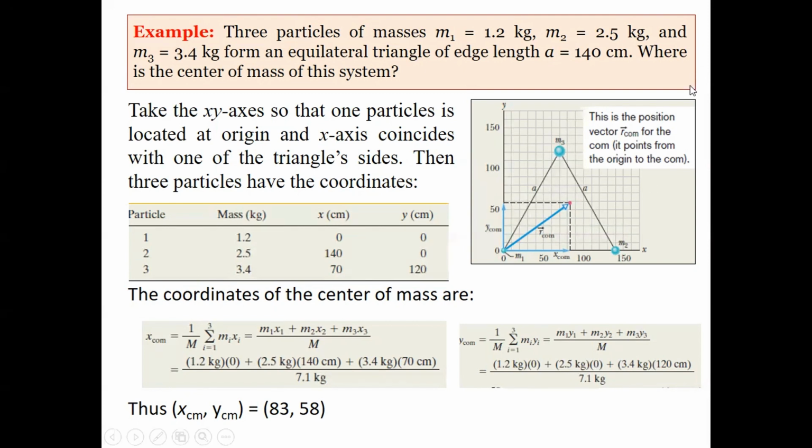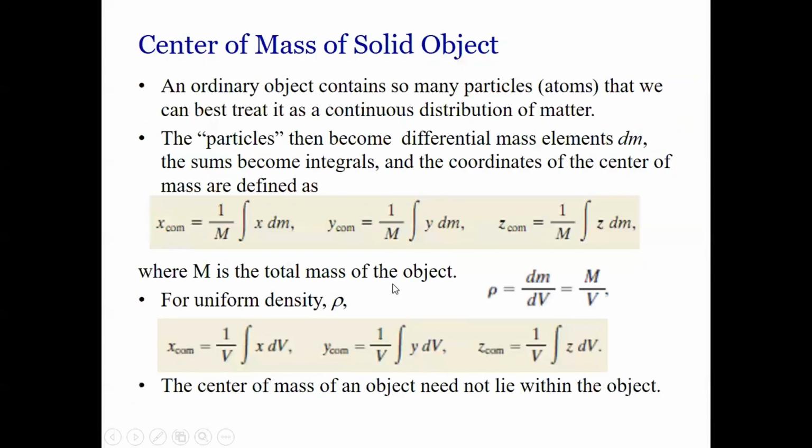That is how we find the position vector r for the center of mass, and we point this r from the origin, and you can see it is shown here as a red-colored position vector for the center of mass. The value for x is 83 and the value for y is 58.